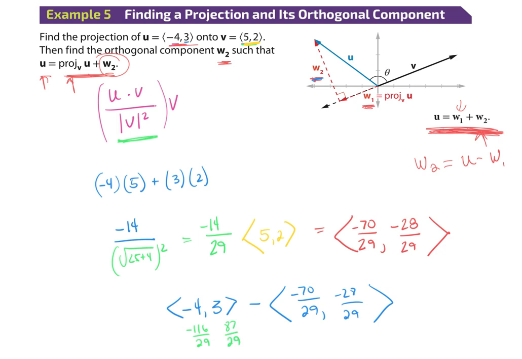So that's what you're going to get with the common denominator, and then you're subtracting. Keep in mind that you are subtracting a negative. So you're going to say negative 116 minus a negative 70. I'm going to get a negative 46 over 29. Here I'm doing 87 minus a negative 28, so I'm going to get 115 over 29. That's my XY value of that one.